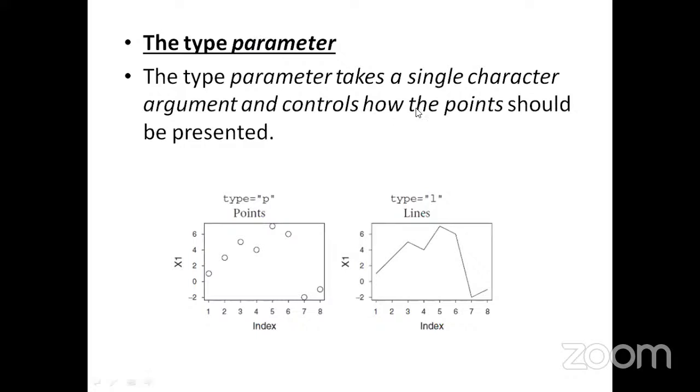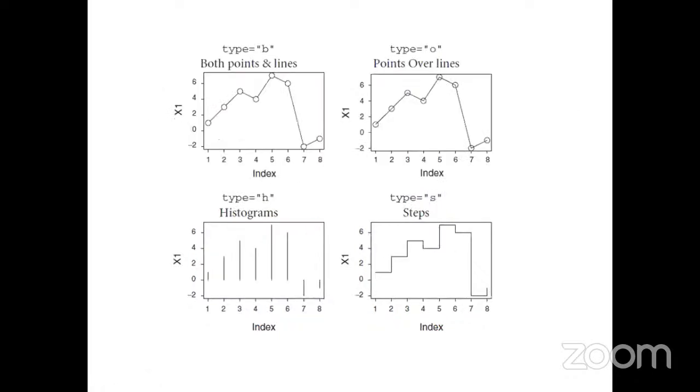The first parameter, as I was telling, takes a single character as argument and controls the plot type. Suppose you want just the points in the plot: you can give the expression as p and you will get it. Lines you type as l and so on. If you want both the points and the lines, you type b. o is for points over the lines, h for histograms, and s for the steps.